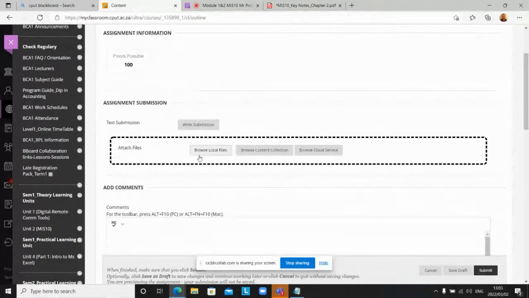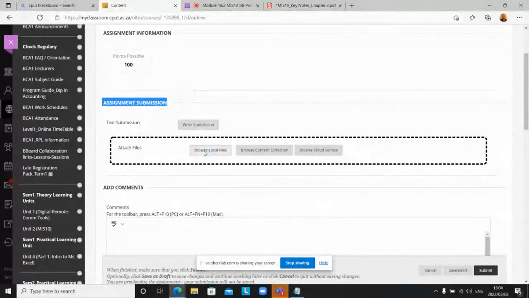And I will come back here to the same place that I downloaded. And there it is for you, assignment submission, in the same place that you downloaded it. So we've got assignment information and assignment submission, or exam information or exam submission.